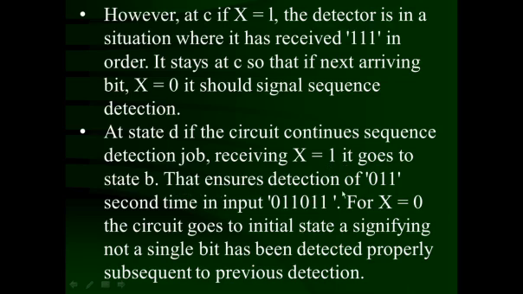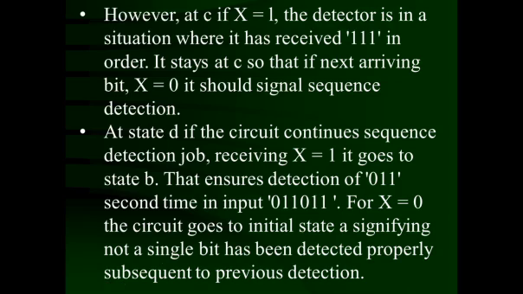That ensures the detection of the second occurrence in the input 1 1 0 1 1 0. For x is equal to 0, the circuit goes to the initial state A, signaling that none of the bits has been detected properly subsequent to the previous detection.